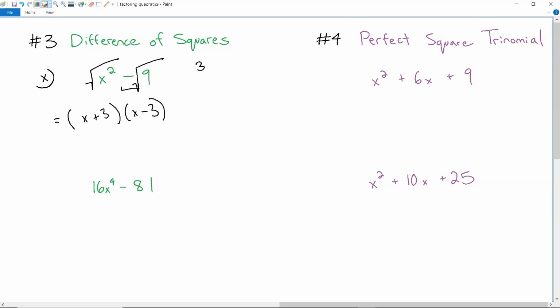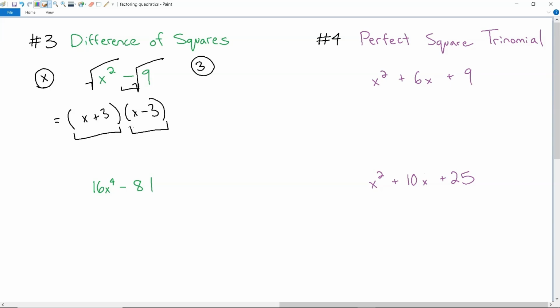I'm taking the value of their square roots and putting them together, and one of my bracketed terms has a plus between the values, and one of my bracketed terms has a minus between the values. And it's really that simple.